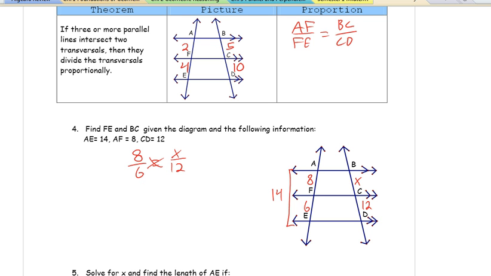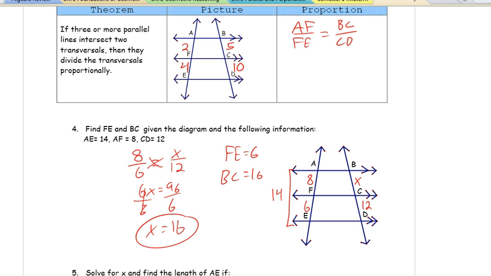So we have 6x equals 96. Divide by 6. So x is going to be equal to 16, which is BC. So we would say FE is 6, BC is 16. There's your 2 answers.